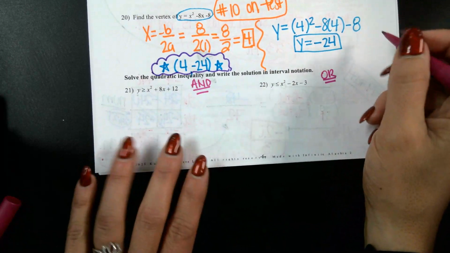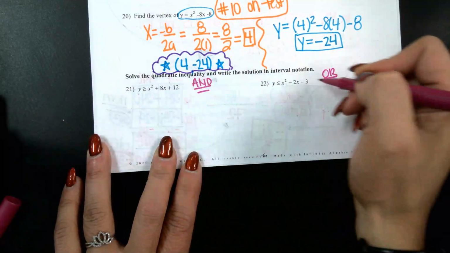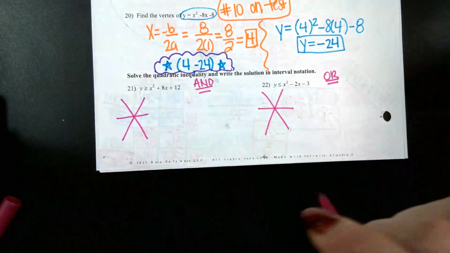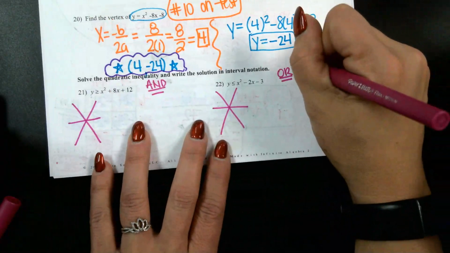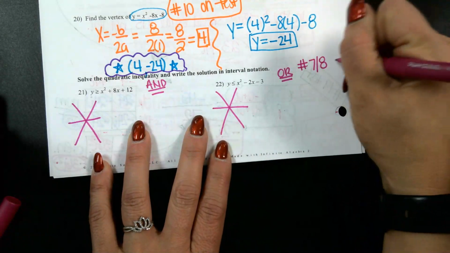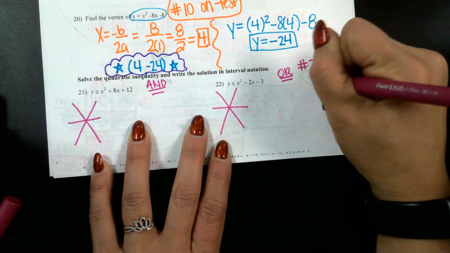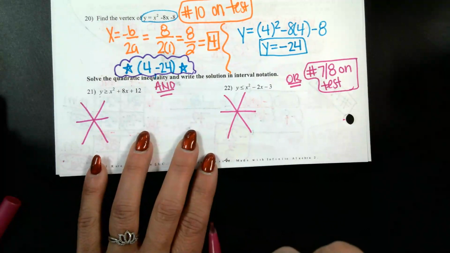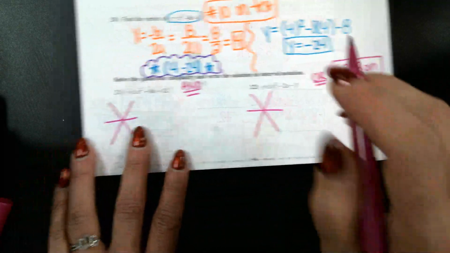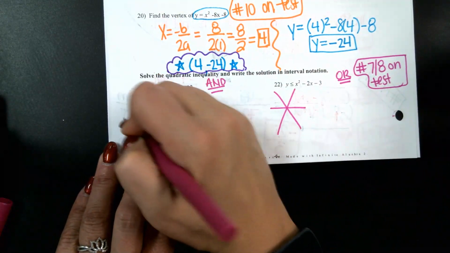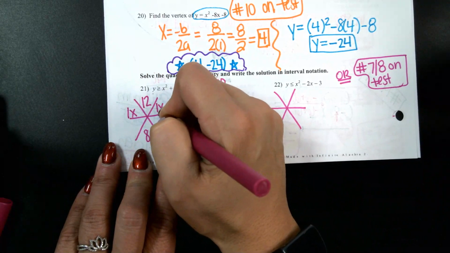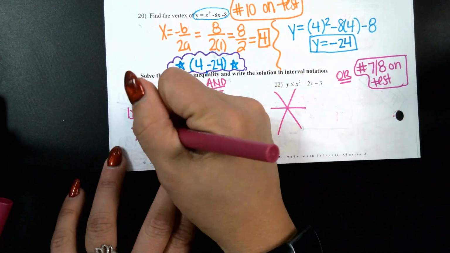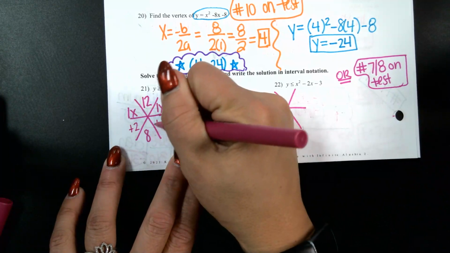All right, so we're still going to factor just like we would. Your first step is still to just do an asterisk. And you guys are pros at these. Oh, by the way, these are numbers 7 and 8 on your test. It's the last two problems that we haven't covered yet. You do your asterisk, and we've got a 12 and an 8, which is 2 and 6, right?